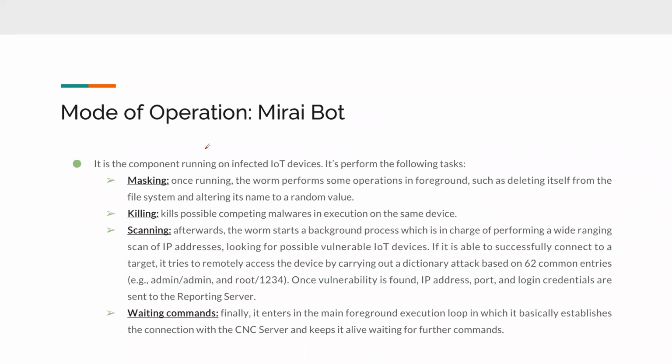The second component is the Mirai bot. I have already said that the Mirai bot is the infected IoT device, and it performs some tasks. The first task is masking itself.